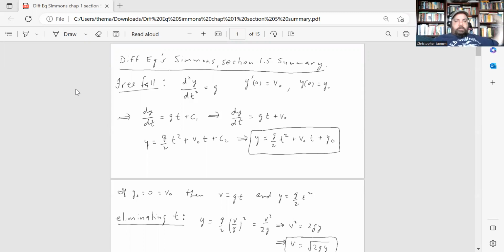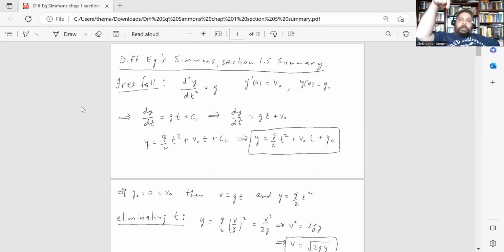So we've already talked about free fall under gravity with no other forces acting on the body. So vertical motion, straight line motion. The differential equation that governs that type of physical system is this one. Second derivative of position is equal to constant acceleration, which is the acceleration due to gravity.